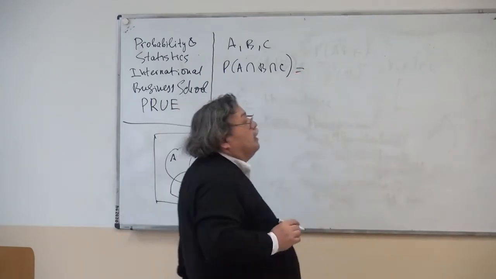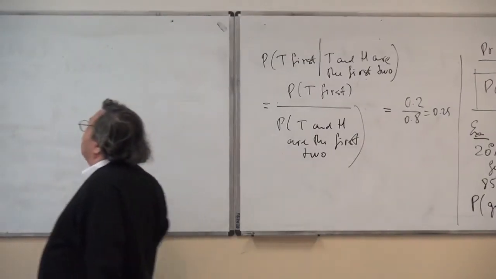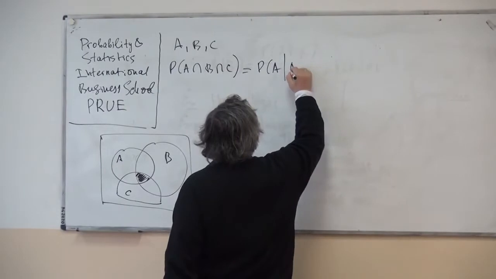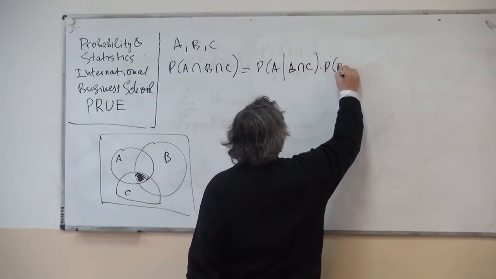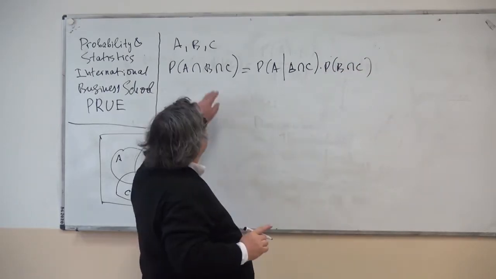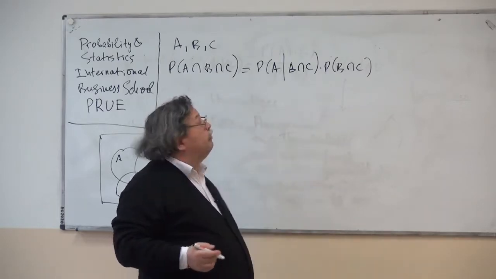Okay, using this formula once, we can write it this way. Probability of A given B intersects C times the probability of B intersects C. Okay? Do you notice that I use B intersects C as a condition here? Okay.